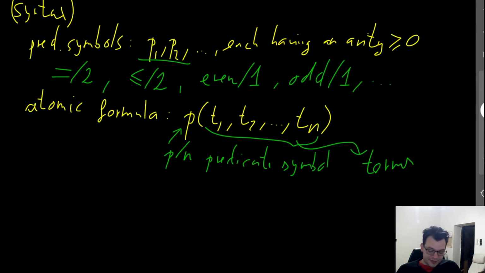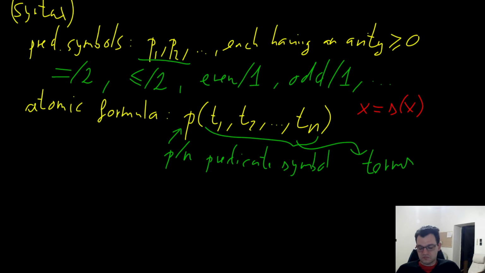So for example, x equals s of x. That's an atomic formula. You can write it like this, equals x s of x, but usually predicate symbols, when they are binary, are just written in infix notation. So it's the same. And usually human beings prefer the first one, the x equals s of x notation.